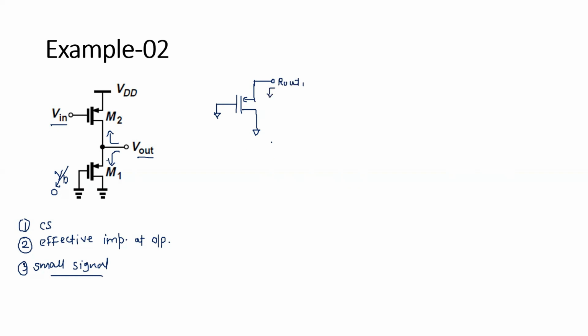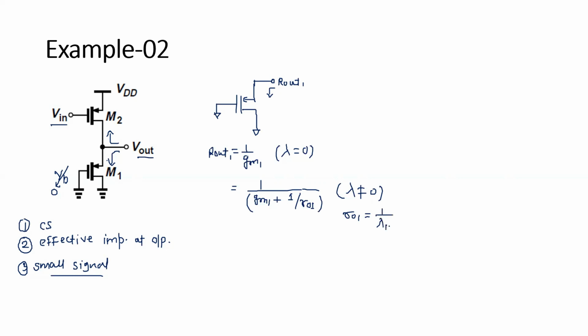I explained this for the NMOS: if we are looking from the side of the source, your effective impedance is nothing but 1 upon gm1. If lambda is not equal to 0, then R out 1 is equal to 1 upon lambda 1 ID. This is the simple method of calculating these things, which I explained in the previous video. So this is the calculation of R out 1.